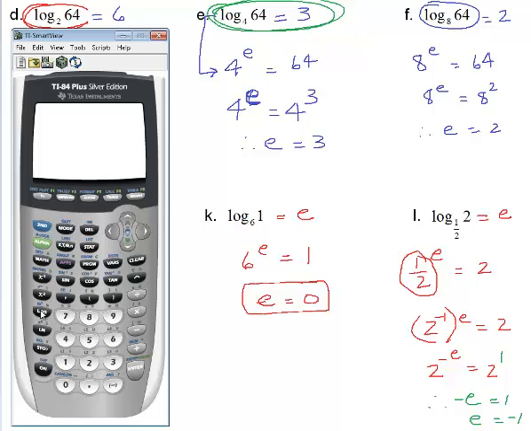However, in this version I have to do it the long way, which is to switch it to base 10. So log of 64 divided by log of 4 is the same answer. That should give us 3.